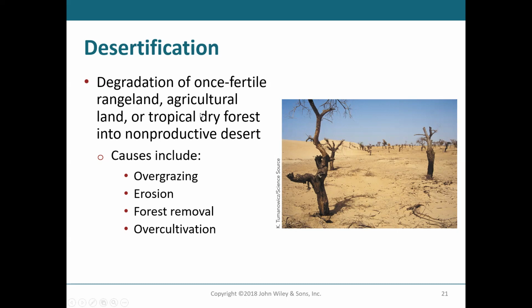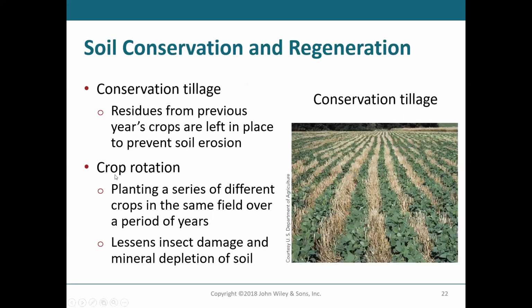So degradation of once fertile rangeland, tropical dry forest now becomes non-productive desert. And a lot of the same causes seem to be the problem: overgrazing, erosion, forest removal, and overcultivation. But what can we do to stop or decrease soil degradation?